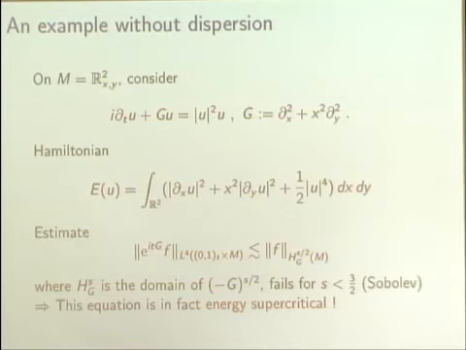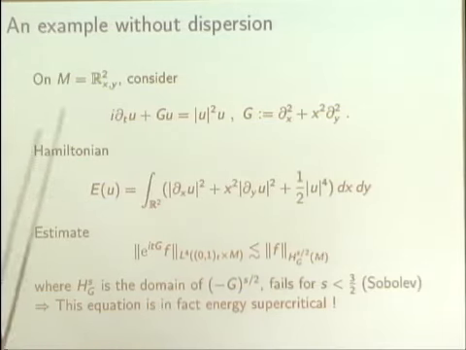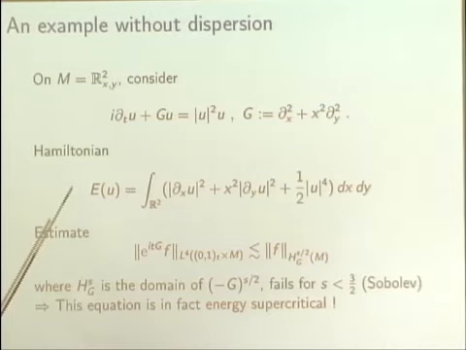3/2 is the dimension divided by 2, the dimension, not the algebraic dimension, but the so-called homogeneous dimension, where in fact the variables do not have the same homogeneity. So one of these variables has homogeneity 1, and the other one homogeneity 2. So that 1 plus 2 equals 3, and you are like in 3 space dimensions.